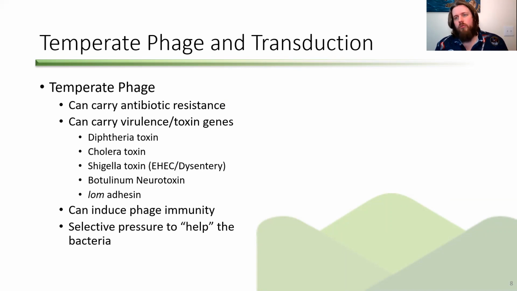Obviously, something we don't want when we're treating a patient. And an even more abstract idea is that once the phage integrates into the genome or the chromosome of the bacteria, it now has selective pressure to keep the bacteria alive. So instead of wanting to kill the bacteria and not caring about their health, it actually wants to promote their health as long as it can because it's beneficial to them.